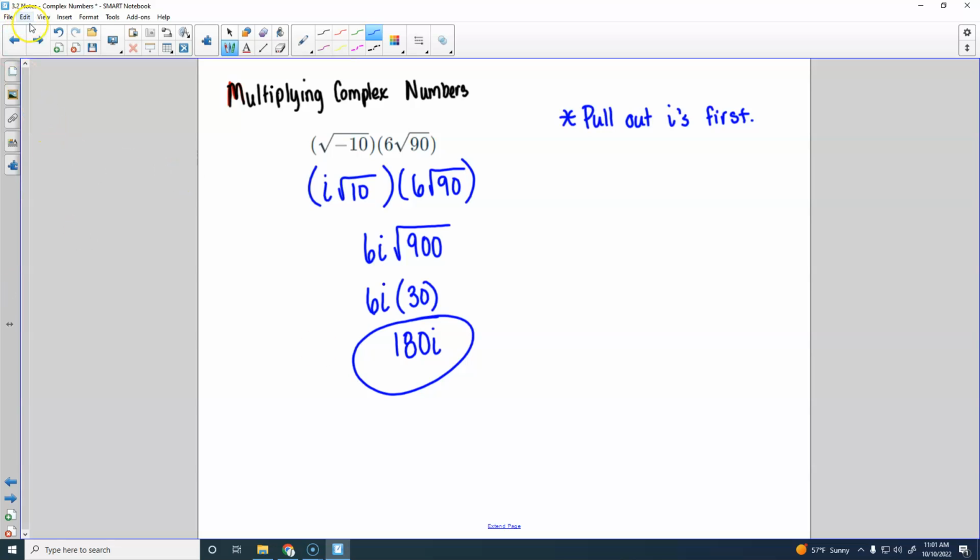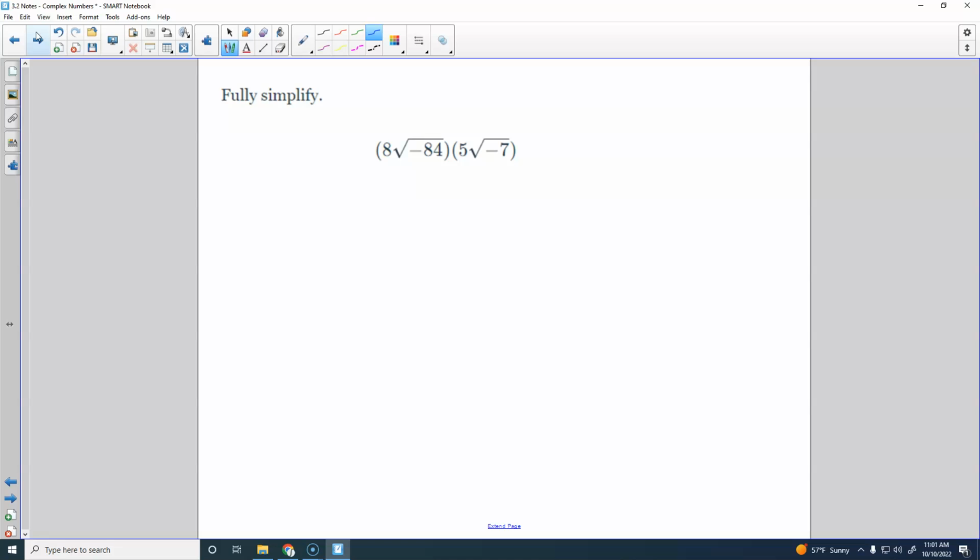All right, so on this next problem, okay, the correct way to do this problem is you need to pull the i's out first, okay? So that means you'll have 8i square root of 84 times 5i square root of 7.